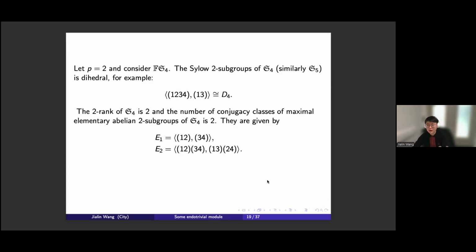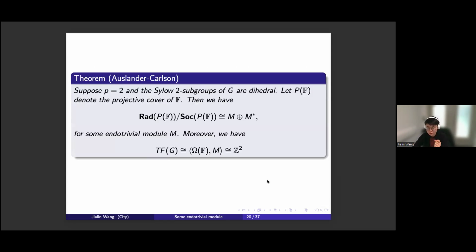Why do I want to point out that it has dihedral Sylow 2-subgroups? This is because a theorem by Auslander and Carlson says that if in characteristic 2 the Sylow 2-subgroups of G are dihedral, then taking the projective cover PF of F, the heart of PF, which is the radical quotient of the socle, will be a direct sum of a module M and the dual of M for some endotrivial module M. And this is where the other copy of Z comes in.